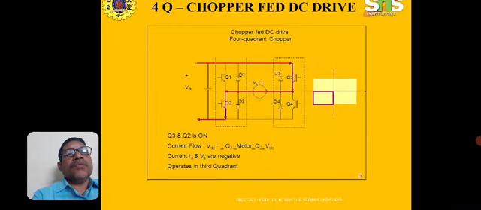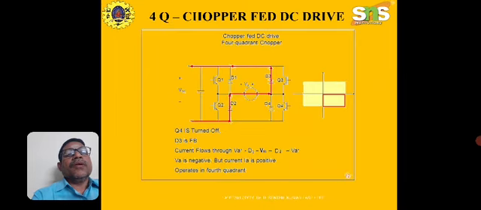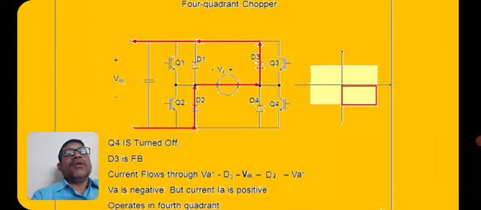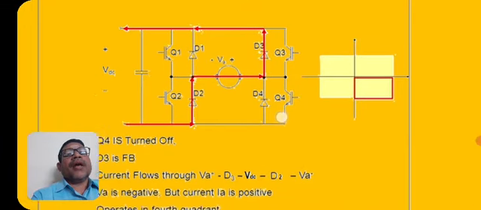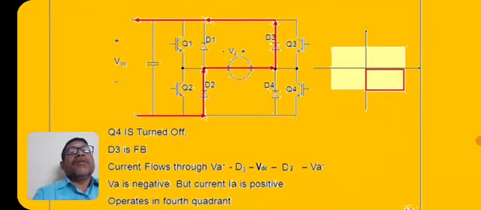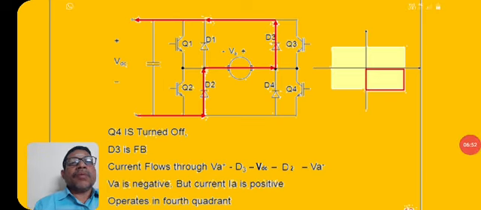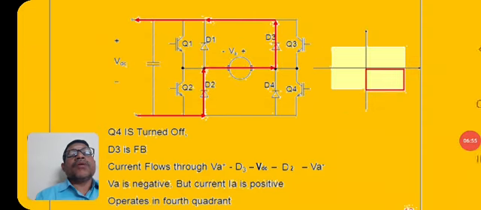Now let me see the fourth quadrant, quadrant number 4. Here the direction of current is from the positive terminal of the armature, flowing through D3 to the supply positive, and from the supply negative, it flows through the diode D2 to the negative terminal of the armature.